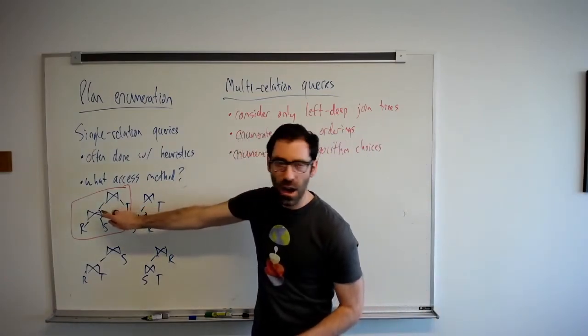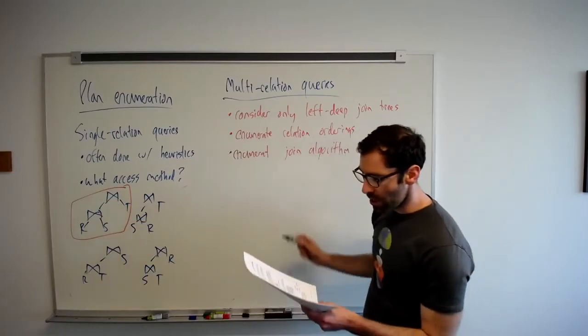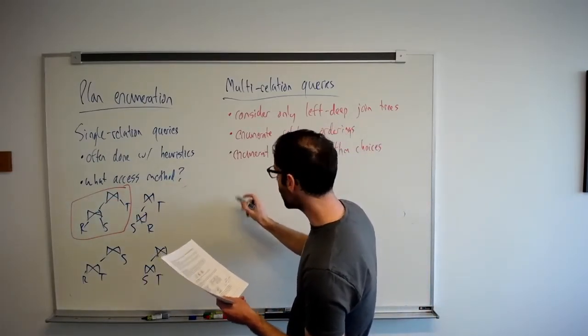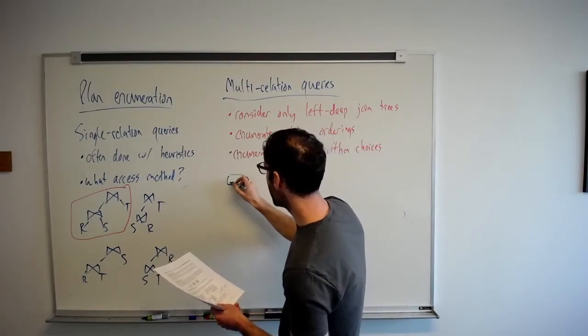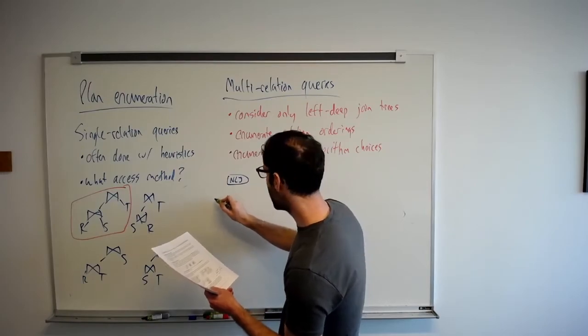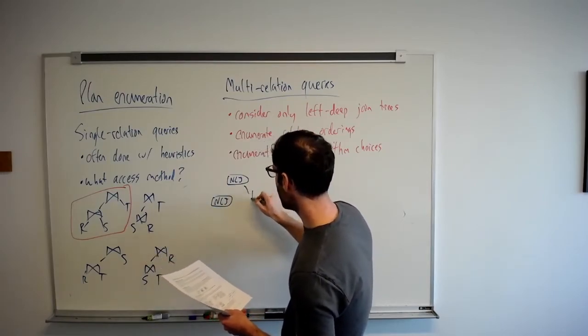Take this one, and within this structure, we could do a nested loop join and a nested loop join.